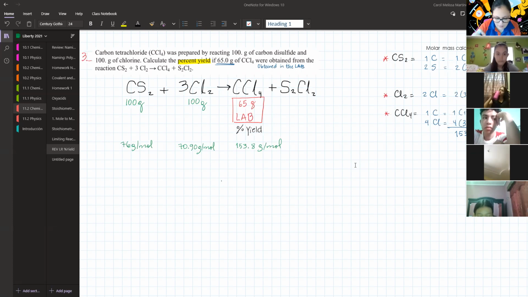So you write the equation and you write all the information that you need from it. You had 100 grams from each reactant, and you know that in the lab you got 65 grams. And I want you to analyze this. The givens are in grams, and the yield is given in grams.